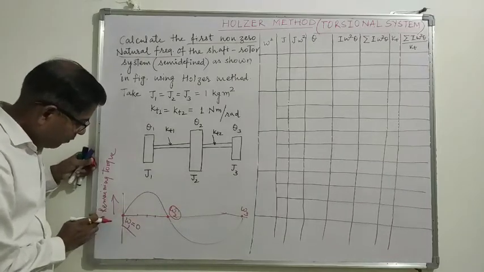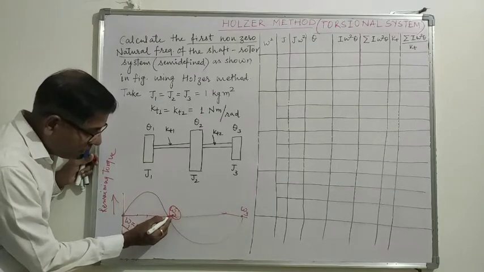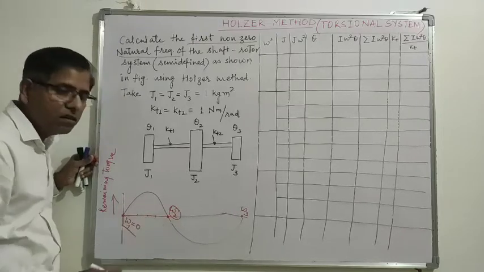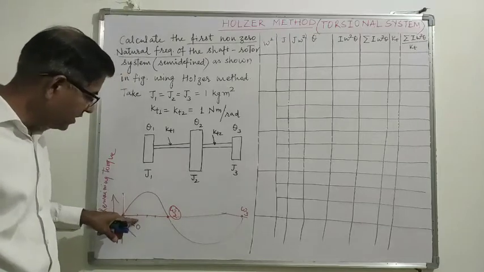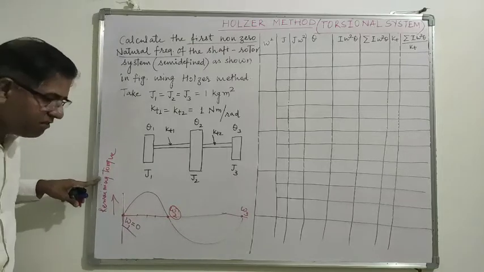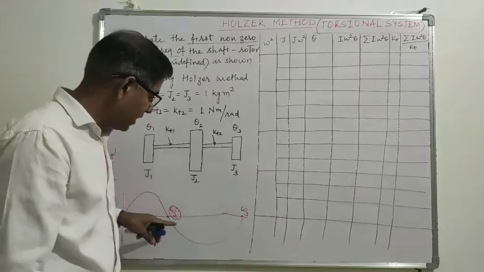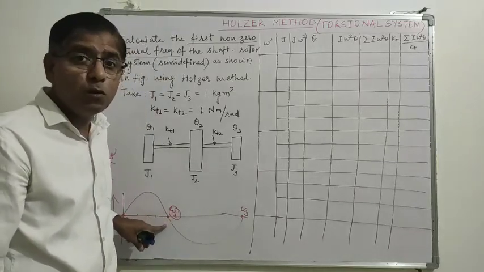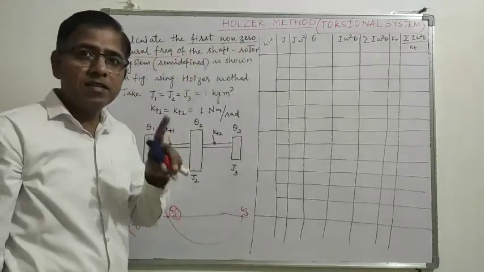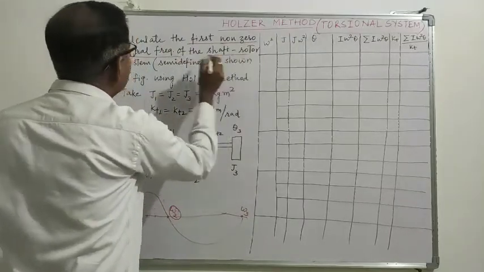So we keep on increasing the value of omega and calculate the remaining torque, and the moment we obtain the remaining torque as 0, that will be our second natural frequency, or first non-zero natural frequency, of the shaft rotor system.